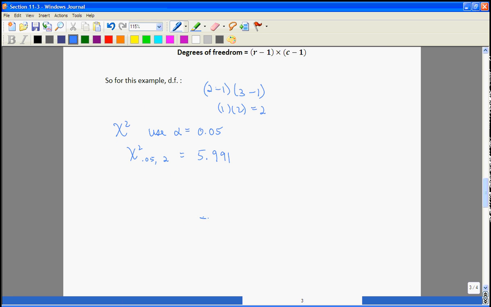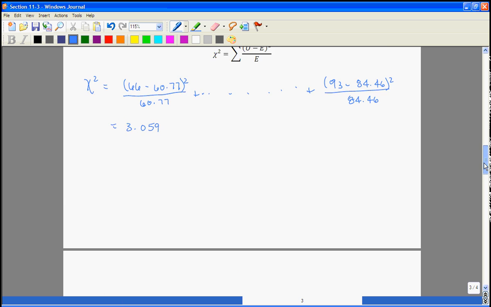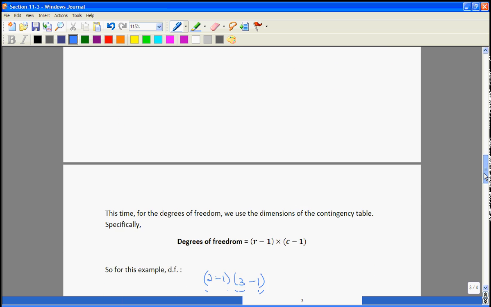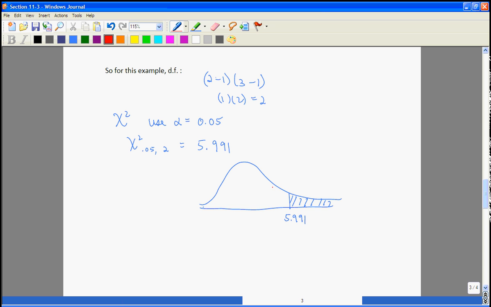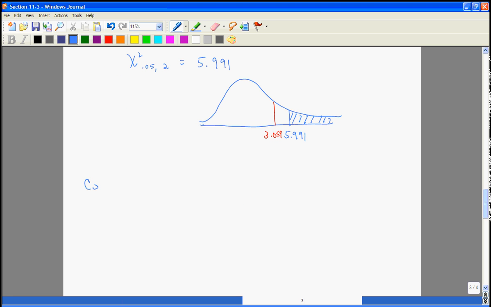Again, if you're a little more visual, we have this skewed distribution, and our critical value is here at 5.991. This is our rejection region. And our chi-square test statistic was 3.059, which probably falls about right there.